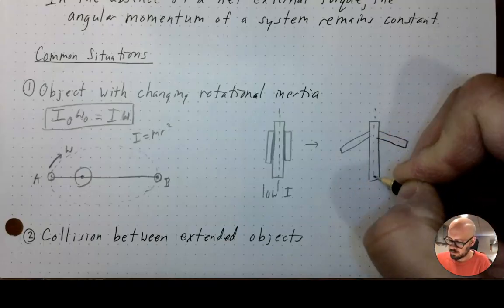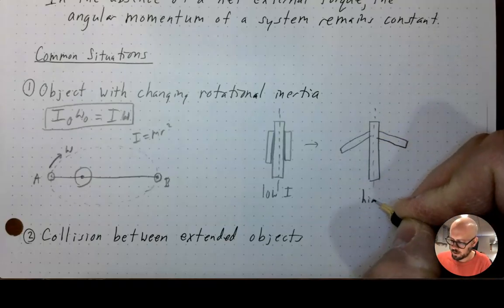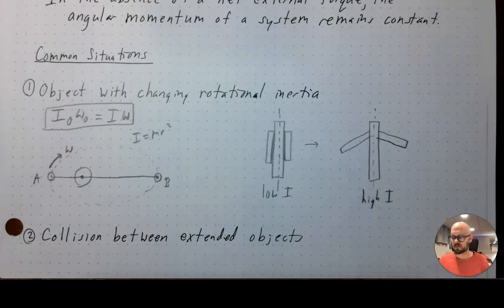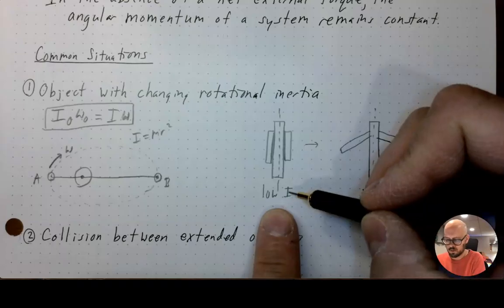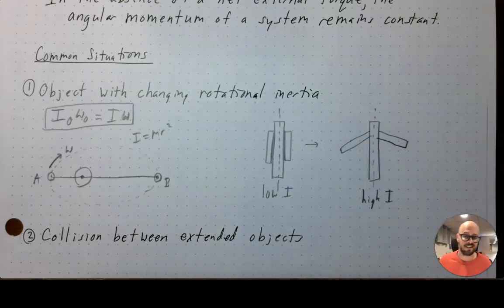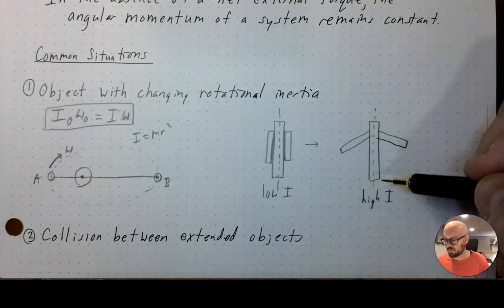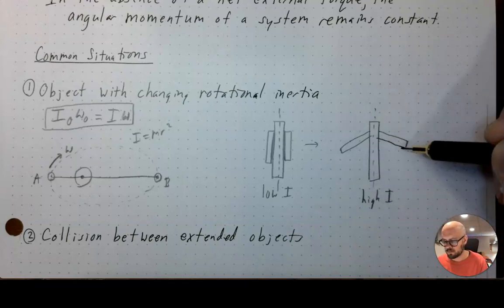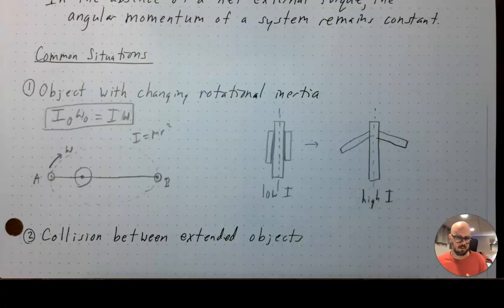And then this orientation would be a high rotational inertia. And so what we can conclude is when the rotational inertia of that satellite is low, its angular velocity is high, and then vice versa. When it extends its solar panels and it gains a higher rotational inertia, its angular velocity is going to decrease.